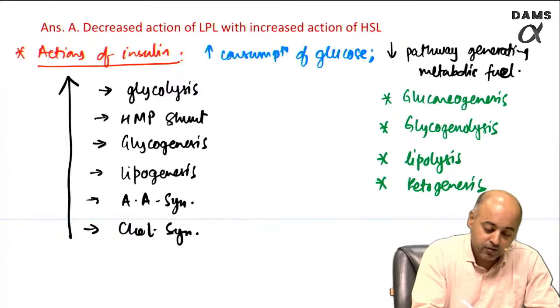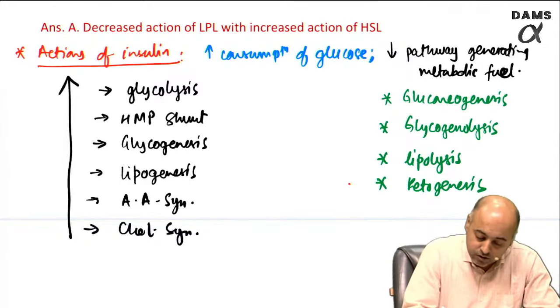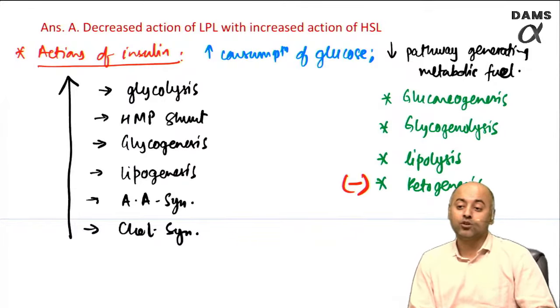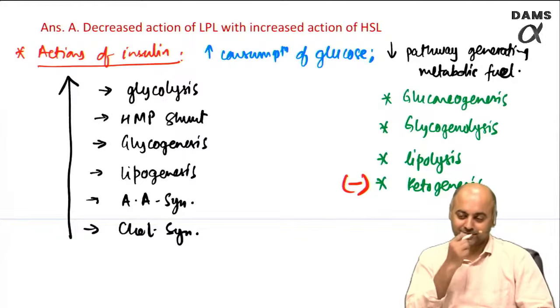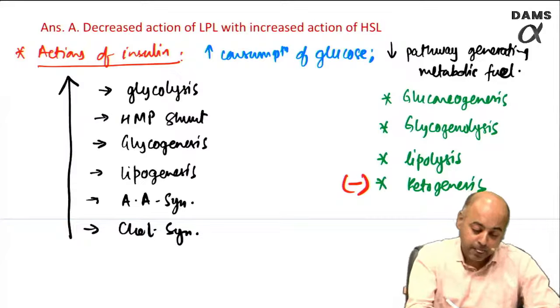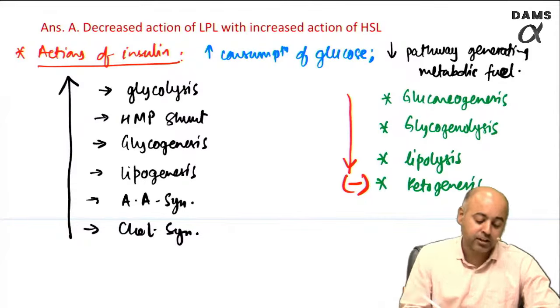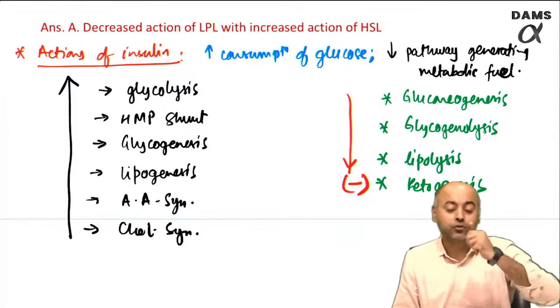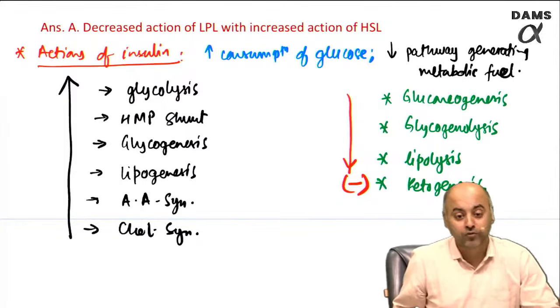In fact, ketogenesis is actually inhibited by the action of insulin. So please note, insulin will activate the pathways consuming glucose. It will inhibit the pathways which generate alternate metabolic fuel.